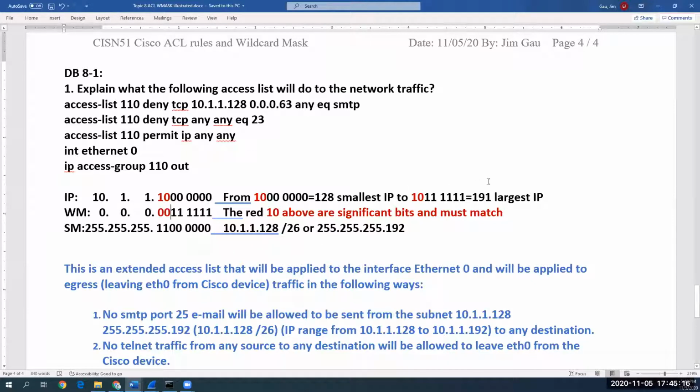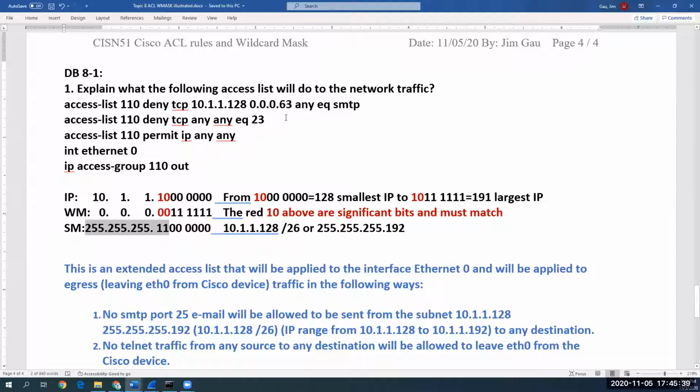And if we want to summarize it, you can take a look at it. Oh, we have to match the front. So therefore, this front is similar to a /26. If we wanted to summarize it, it's like 10.1.1.128 in here.